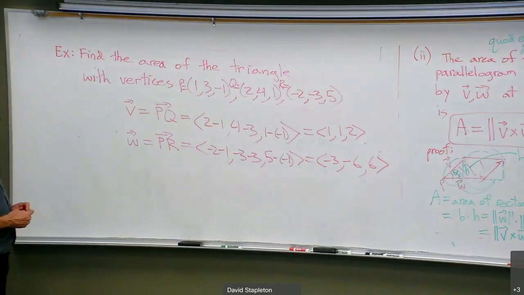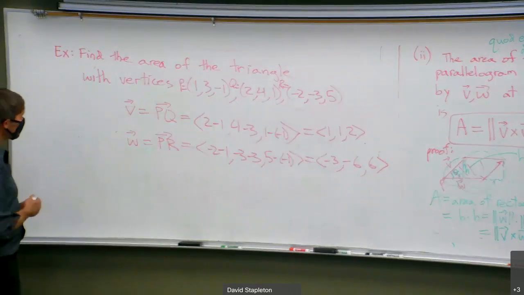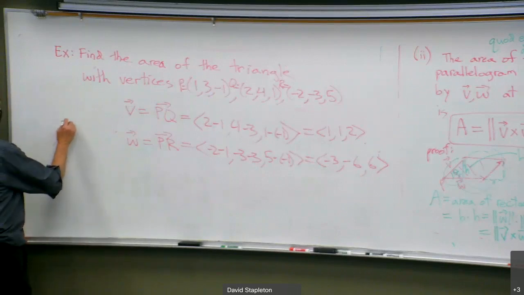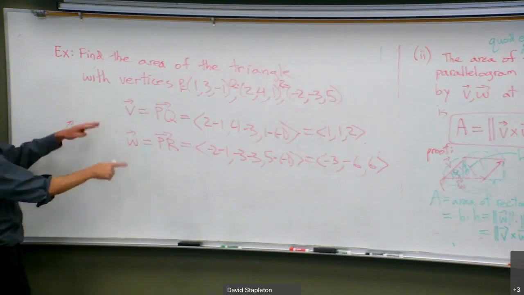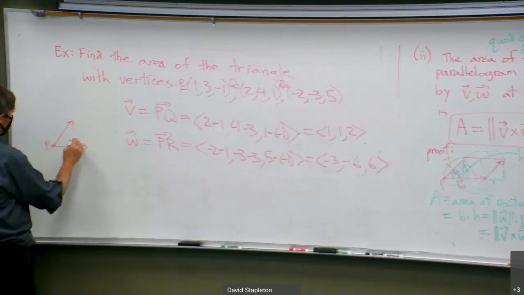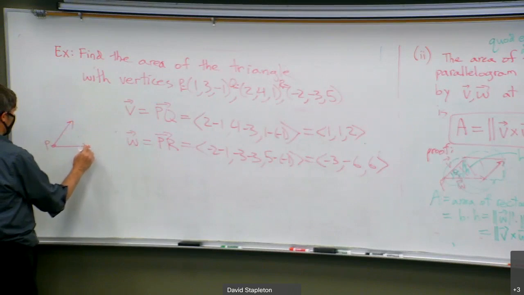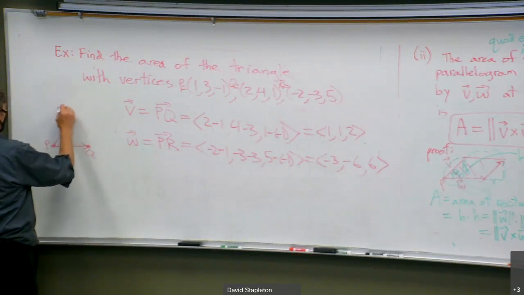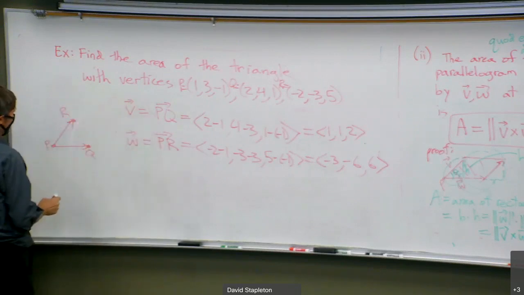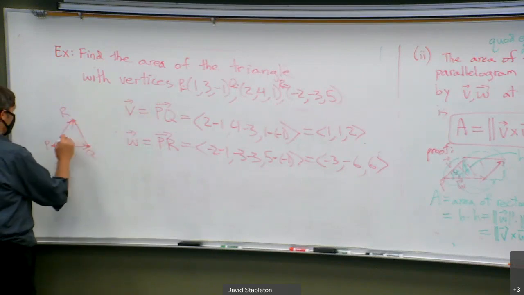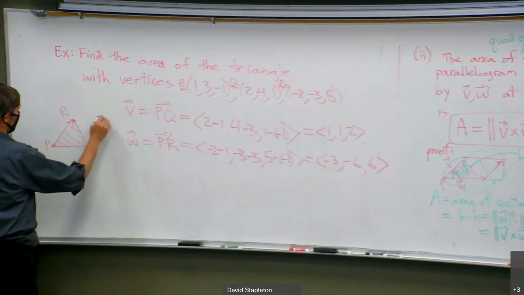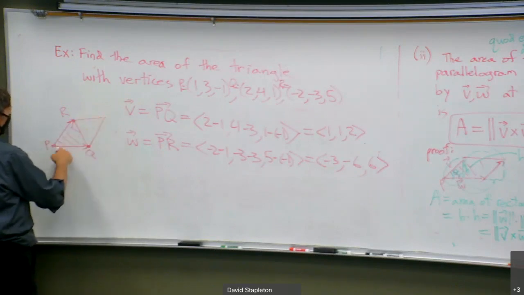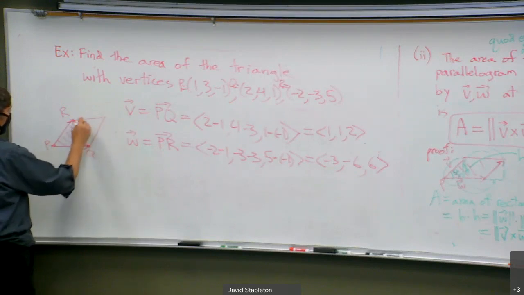How am I going to find the area of the triangle that has those edges? If you really think about it, here's P. This is not drawn oriented correctly or with the right angle between them. I'm just saying there's a vector from P to Q, and there's a vector from P to R, and this holds in general. The triangle area here is exactly 1/2 of the parallelogram area. I'm putting a copy of PQ up here and a copy of PR over here.